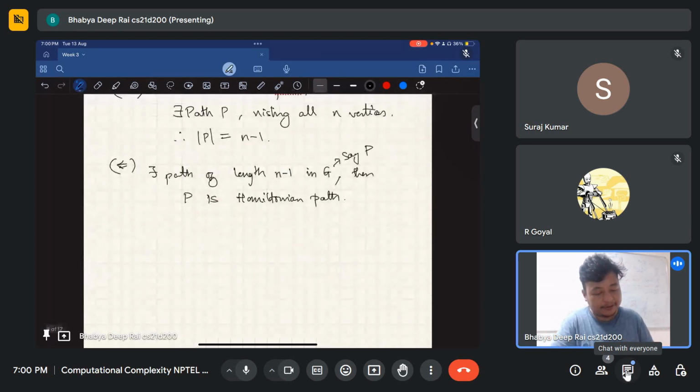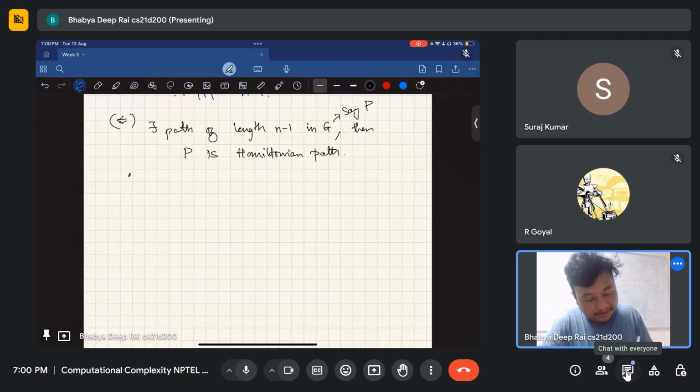So what does this mean? Hamiltonian path reduces to longest path. This is clear?